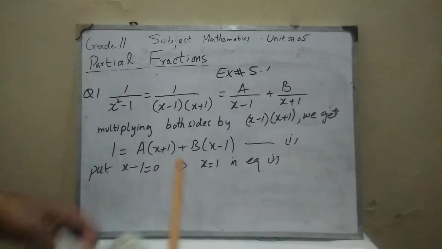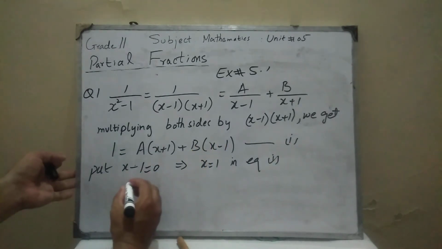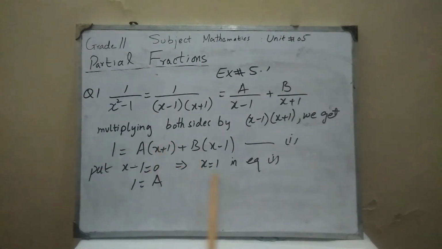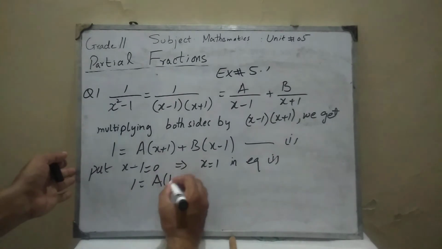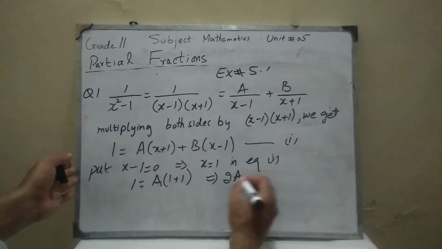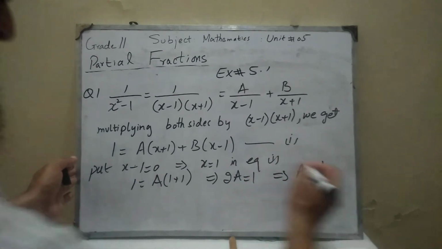Now I am putting x equal to 1 in this equation. We have seen that if we put x equal to 1, this term vanishes, since 1 minus 1 equals 0. We have only left 1 equal to a into (1 plus 1), which is equal to 2a. That is, a equals 1 by 2.